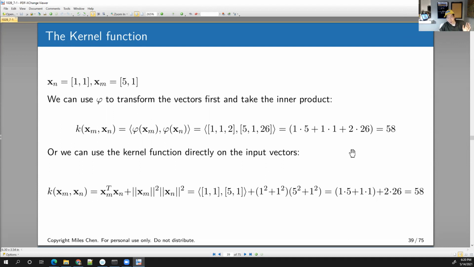Which is actually what happens with the radial basis kernel, or the Gaussian kernel. It projects into this infinite dimensional space, which we can't even picture or imagine. But somehow there is some kind of linear boundary that exists in this very high dimensional space.